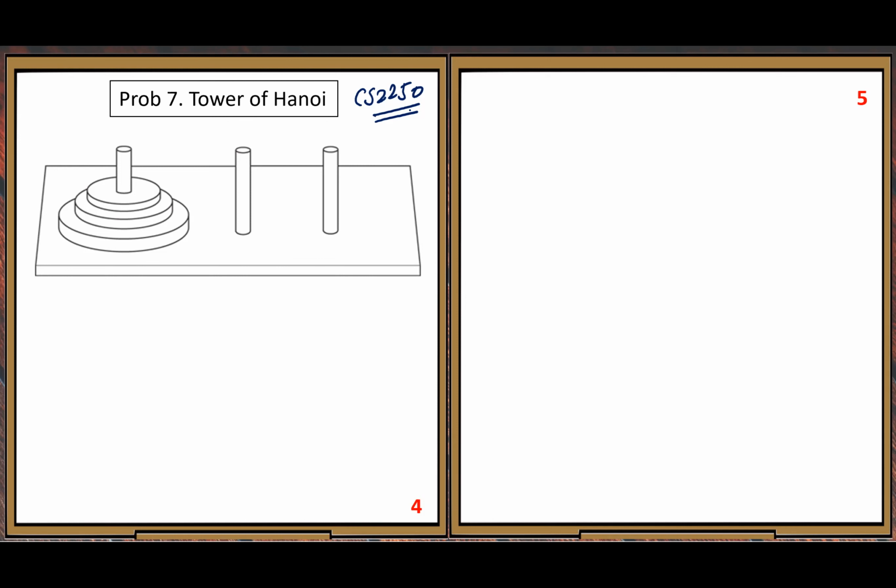To show the idea, here we just use 3 disks. But our goal is to solve for n disks, any positive number n of disks. So much harder. 3 disks is already not trivial, right?